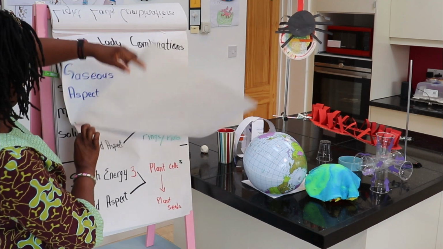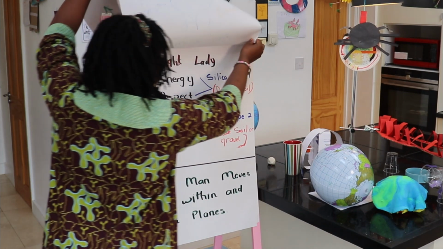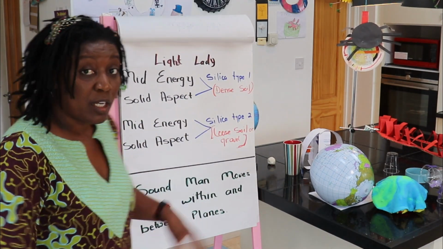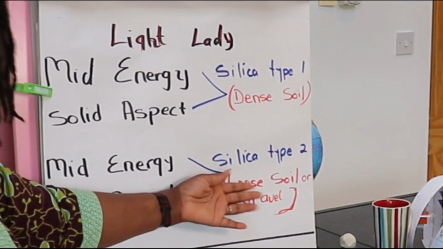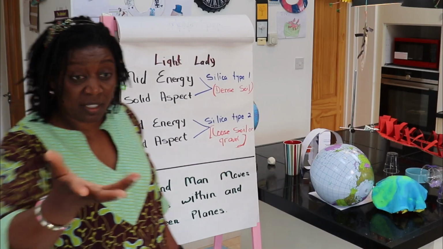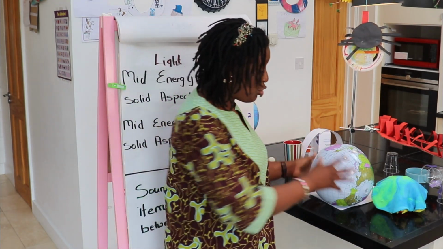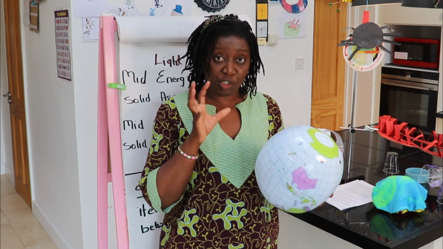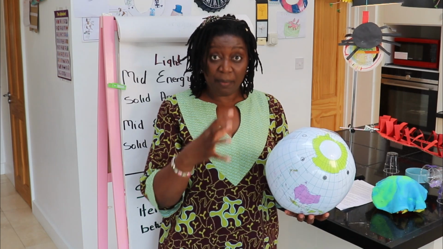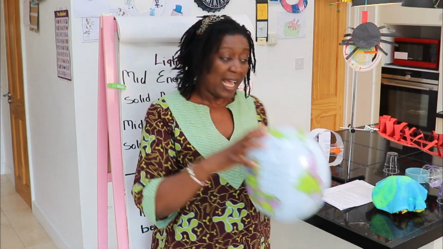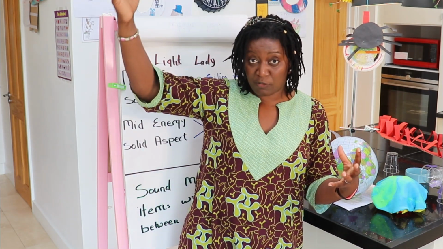Where is my silica? Right, so water is also attracted to silica. Silica type 2, the gravel on the surface of the earth. So now you have entrained water in the atmosphere, the earth spinning, and there's attractive forces from gravel and sand and attractive forces from the moon.